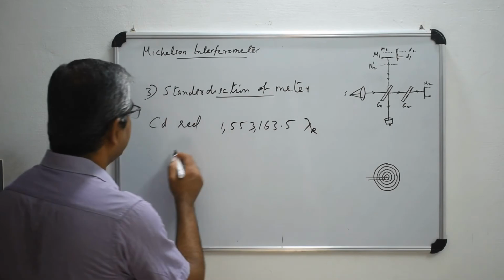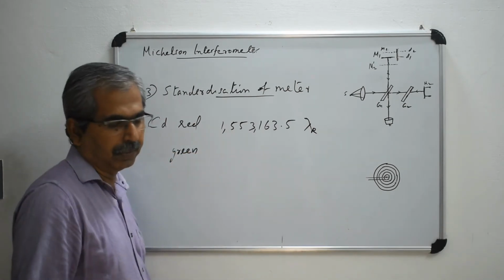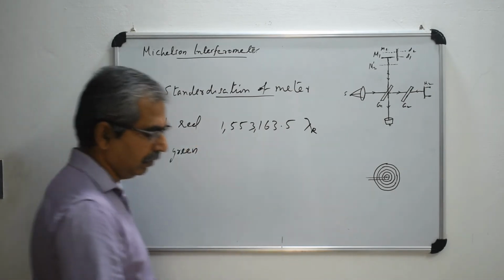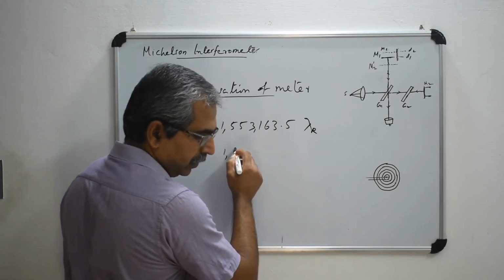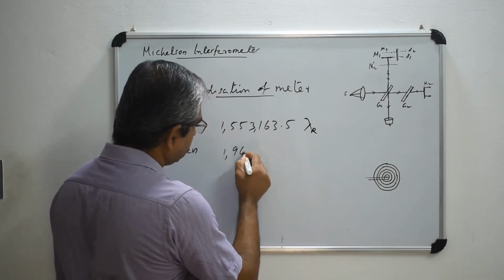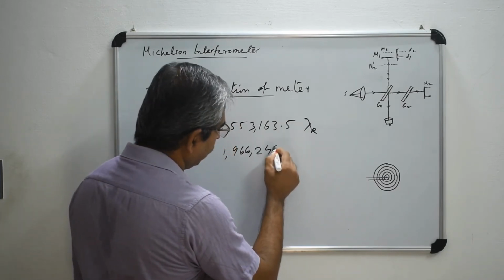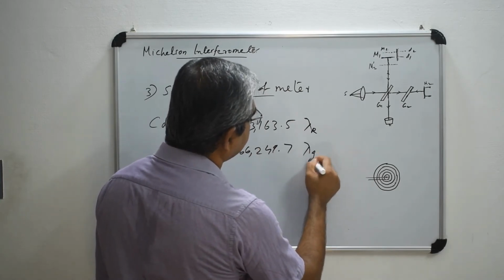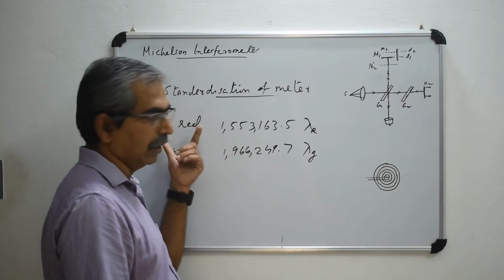And similarly, if you are taking the green light emitted by cadmium, the value will be 1,966,249.7 lambdas of the green light that is emitted by cadmium.